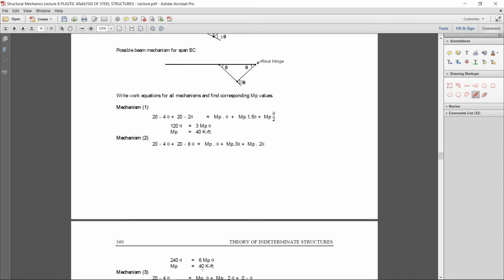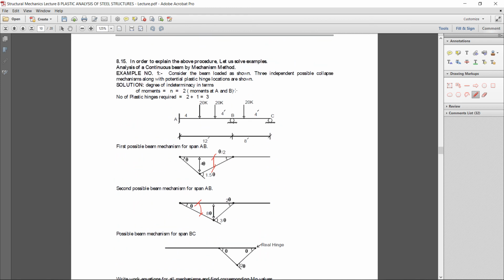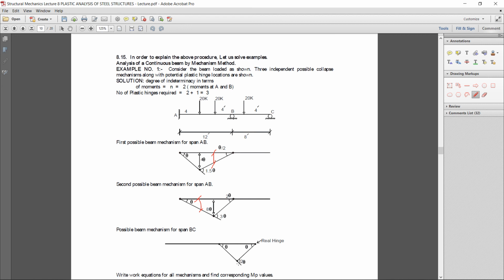Now in the third mechanism, here you can see the total length of the beam is 8 feet, and that is just not on the scale, so left and right lengths are the same, 4 feet and 4 feet on both sides. Due to the symmetrical theta, the internal deformation will be 2 theta, and the center deformation you will get theta into 4, that is 4 theta.